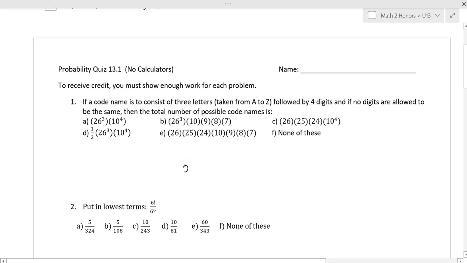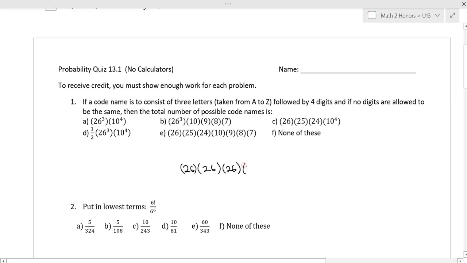3 letters, so there's 26 letters in the alphabet, so it'll be 26 times 26 times 26, and then followed by 4 digits that can't repeat.